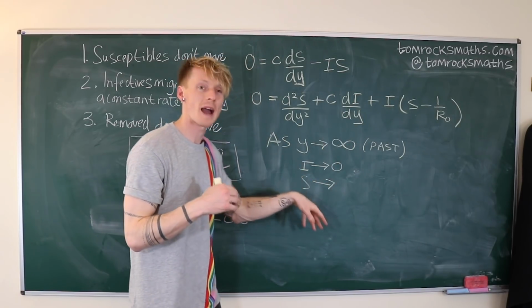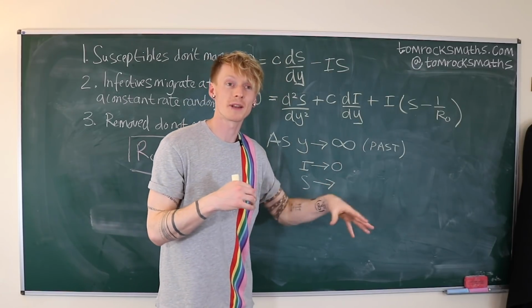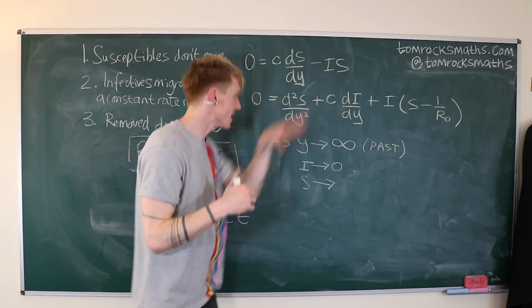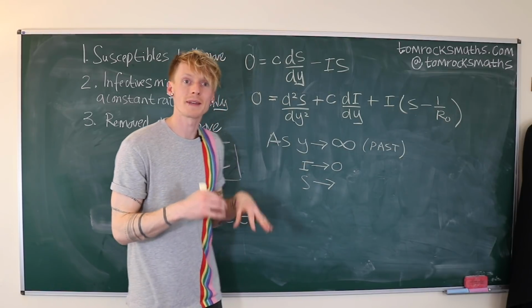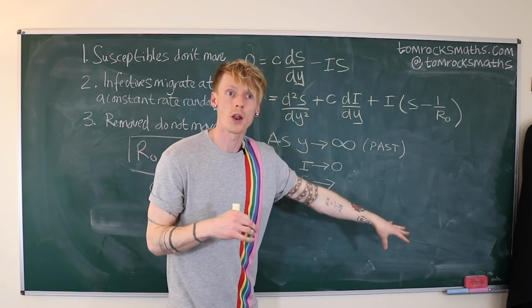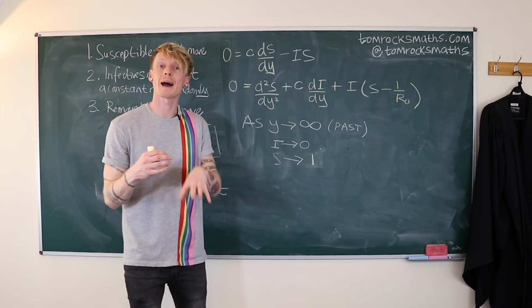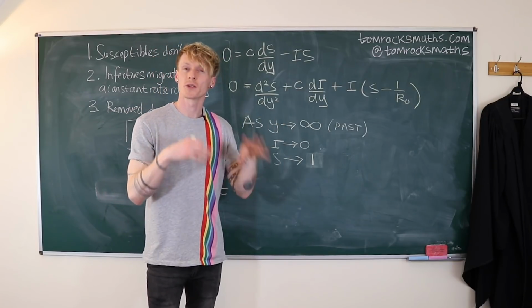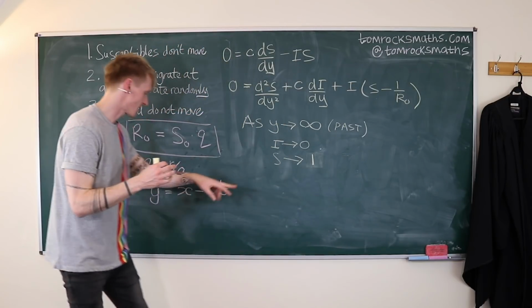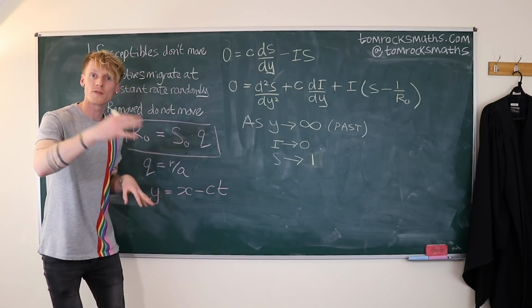So for S to go back to the initial susceptible population S0, in the non-dimensional model, that means S must go to 1. We can also think about what we expect to happen in the future. So the future here is when we let time t go to infinity.